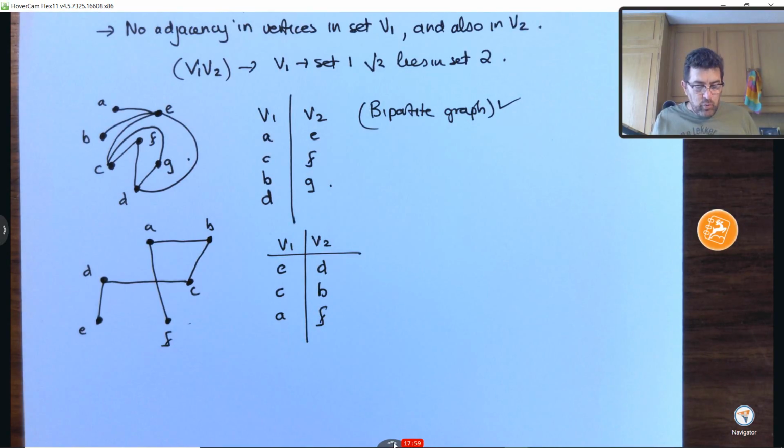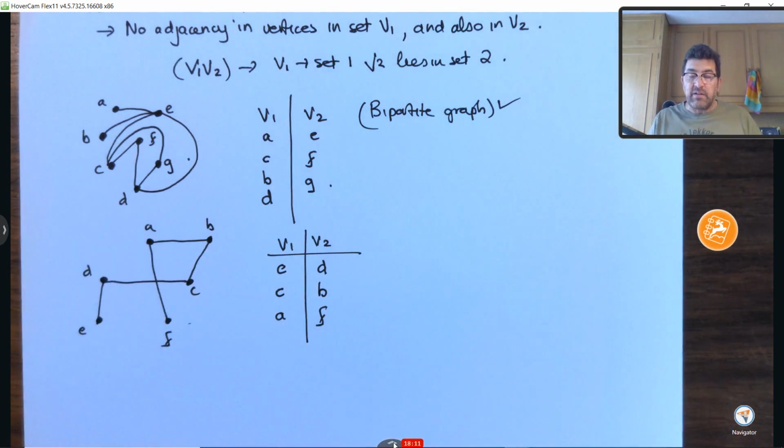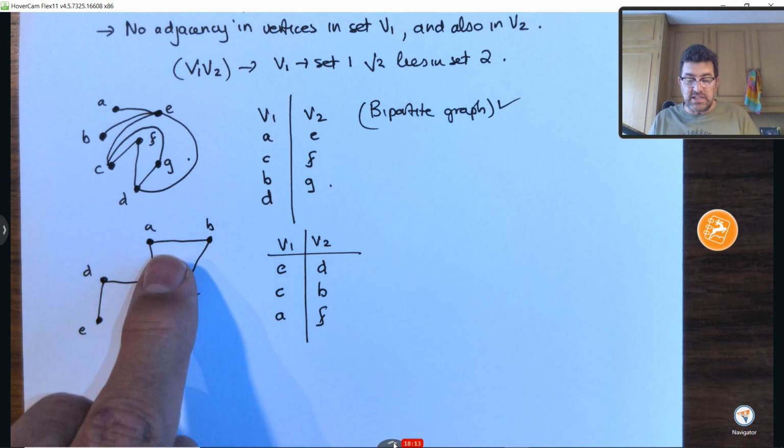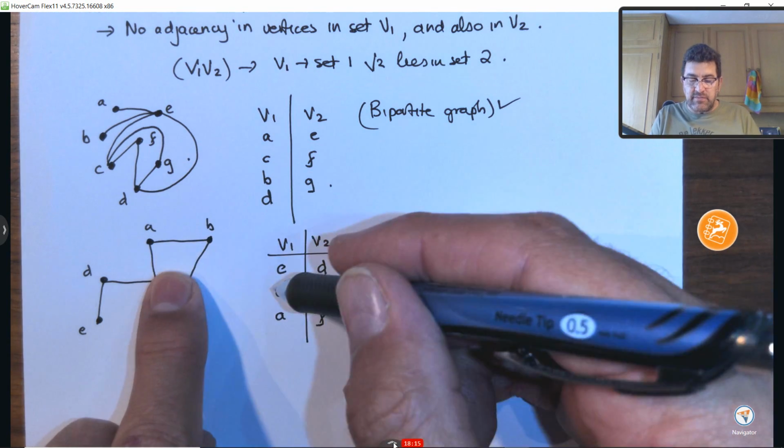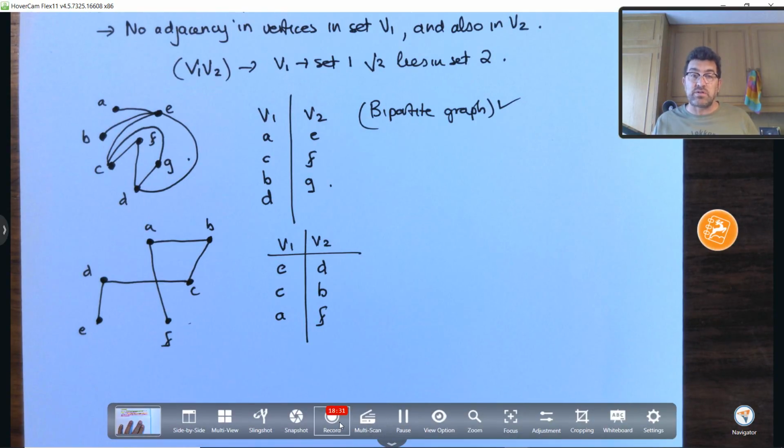Where each edge belongs to the edge set of the original graph, and you look at each edge and separate the vertices into the two sets where they are adjacent. I think that gives you a good idea what a bipartite graph is and what it looks like, and how we find out if it is bipartite or not.